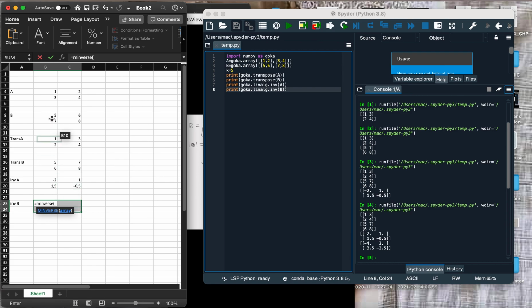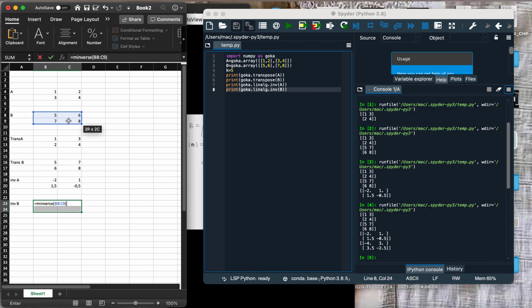Open the bracket, then we select the matrix that we want to find the inverse of, close it. Now you do not just press enter. Depending on the machine that you're using, the right combination is Control Shift Enter.